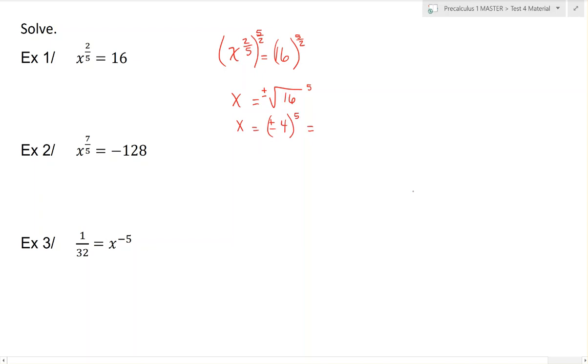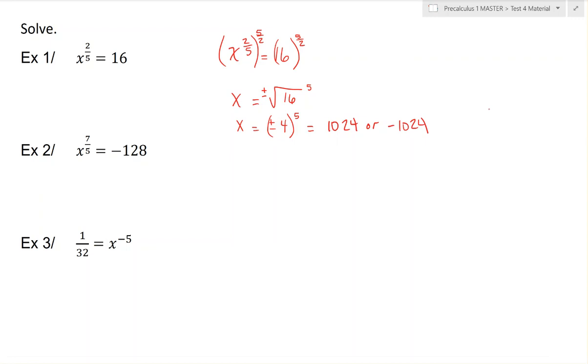You can put that in your calculator if you like. Use your exponent key. I get 1024, or -4 to the 5th is going to be -1024. And you can check that if you like, just to show yourself that it really does work, especially with that negative number.